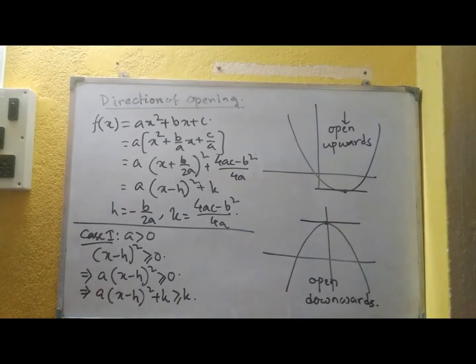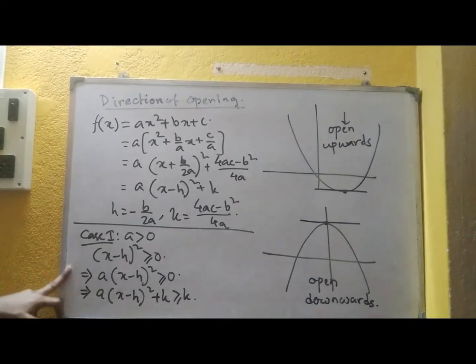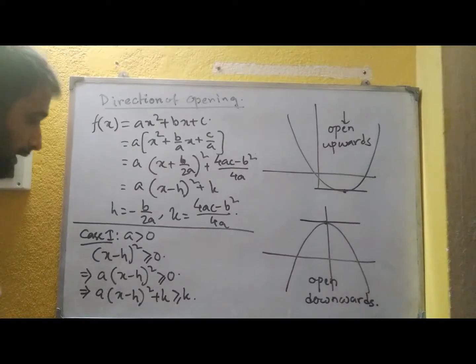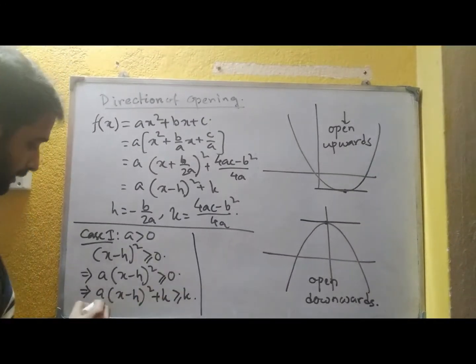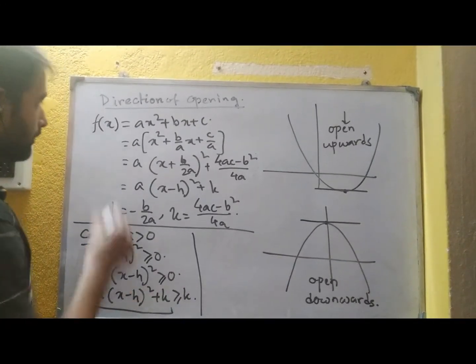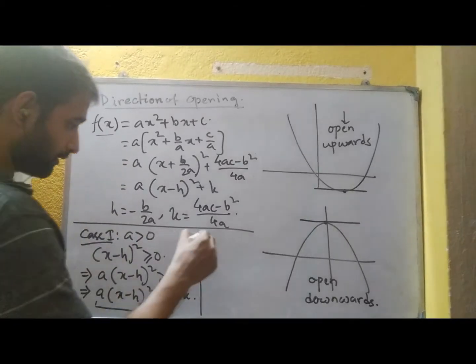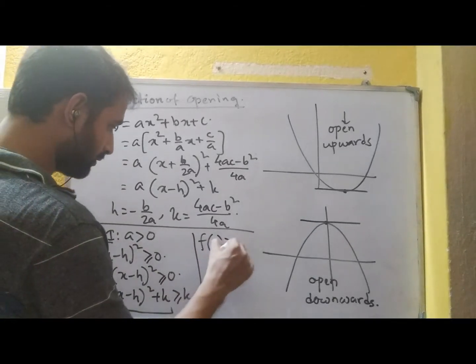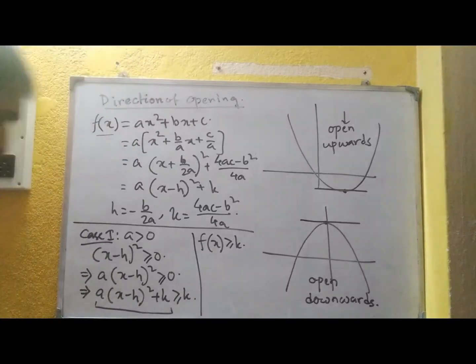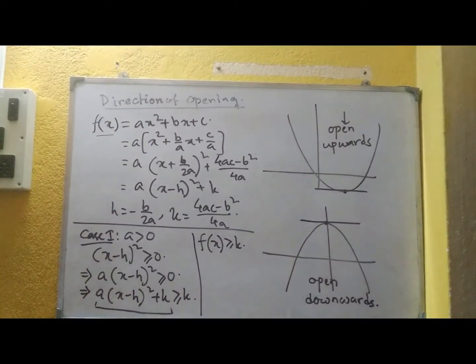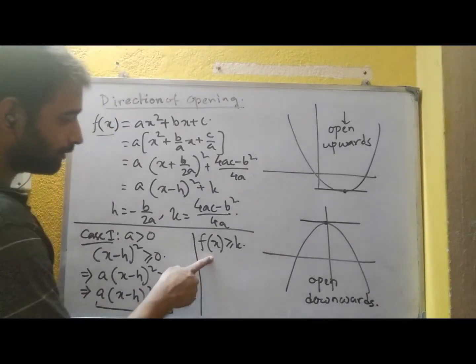So see, when a is greater than 0, the left hand side of the inequality is the expression f(x). So we can write here f(x) is greater or equal to k. It will be satisfied for every value of x.